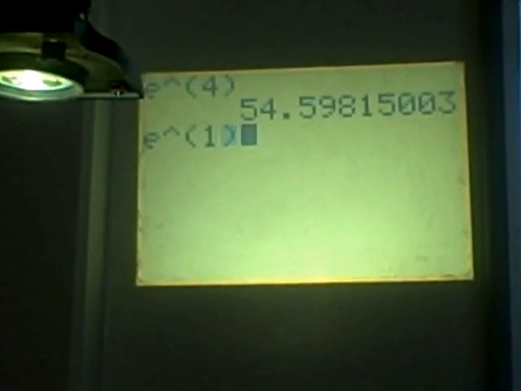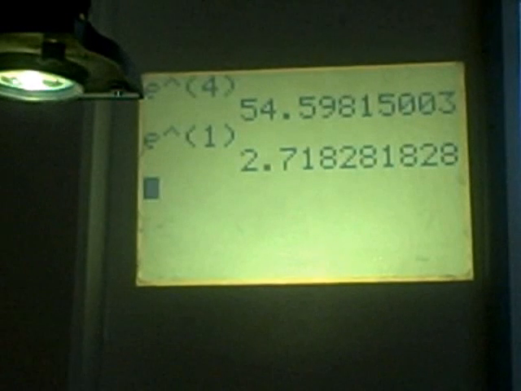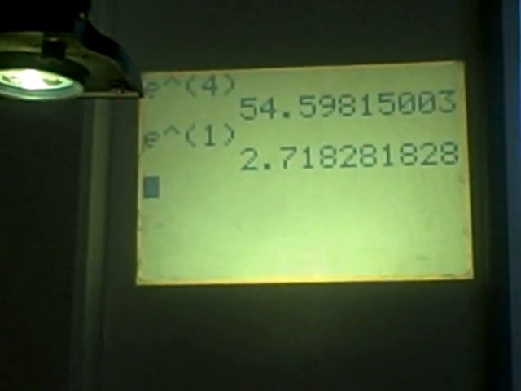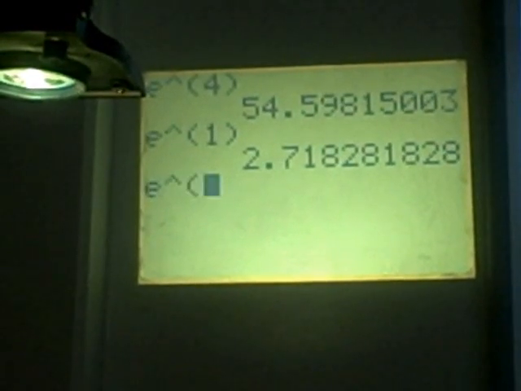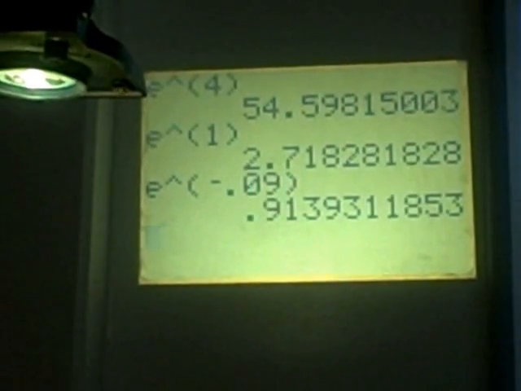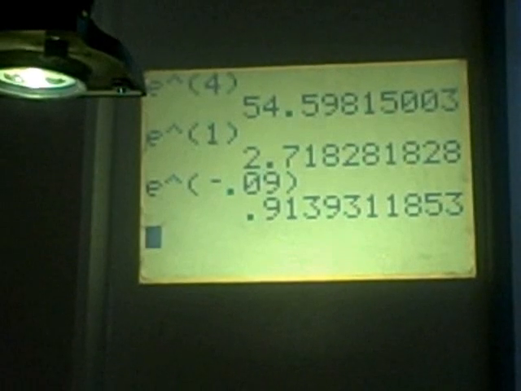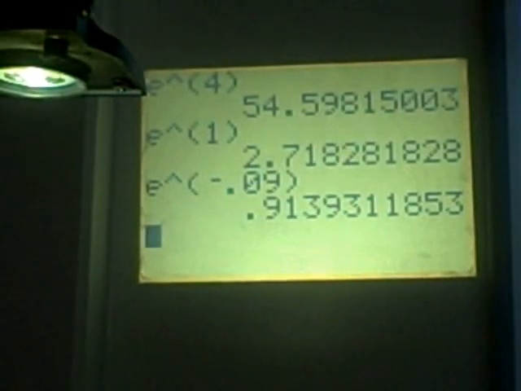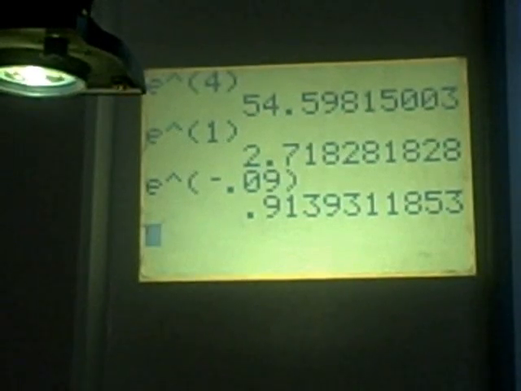If we go e to the 1st power, you get the Euler number, 2.71. So in your calculator, it's actually stored in there, just like pi. What about if we go e, second, LN, let's see, to the negative 0.09. Okay, you get a different number up there. So don't forget that e button is in blue above the LN key on your calculator.